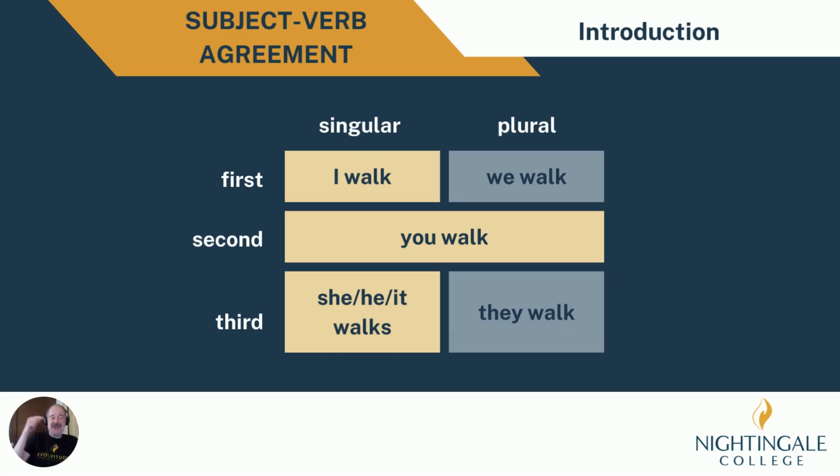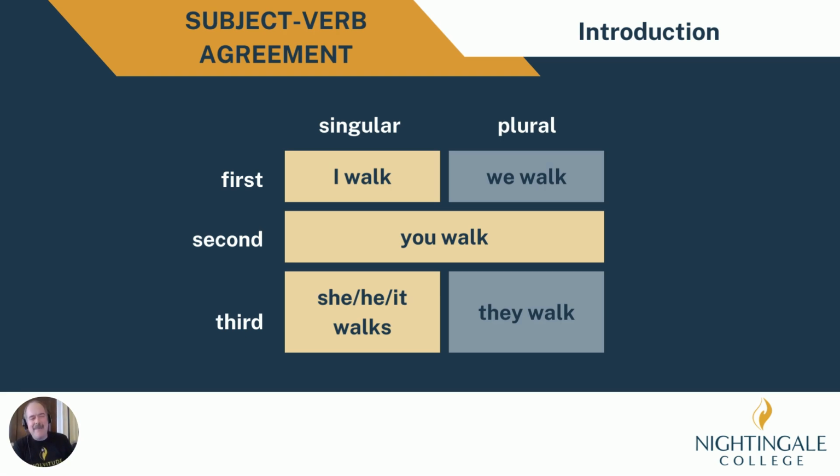So we have first person, second person, and third person, and these can be broken down into singular and plural. Notice that you covers both singular and plural because in English, we use the word for both. You look nice can refer to one person or more than one person.